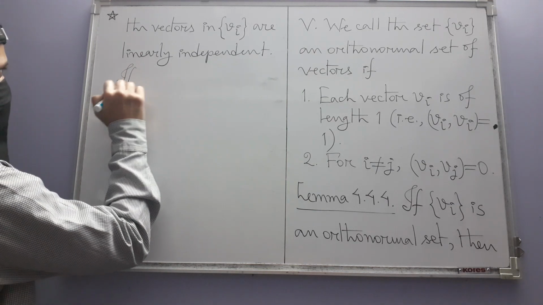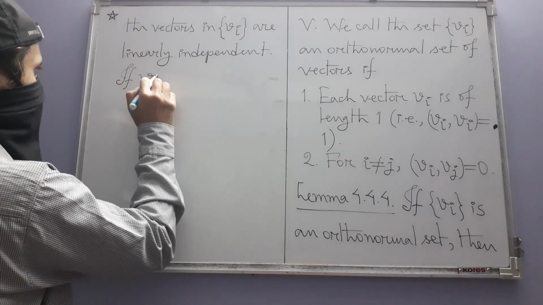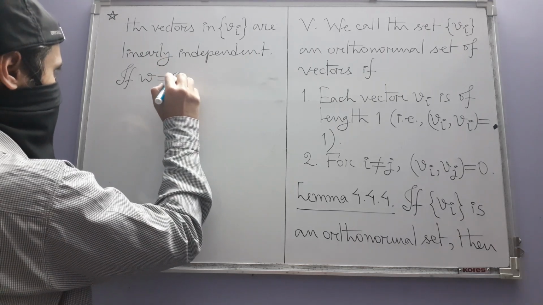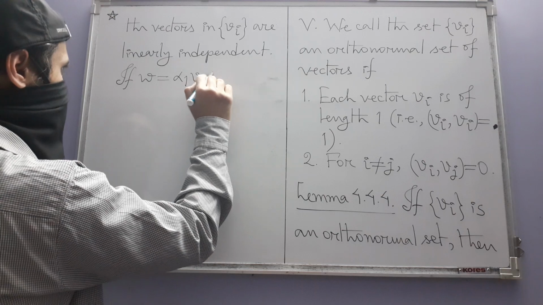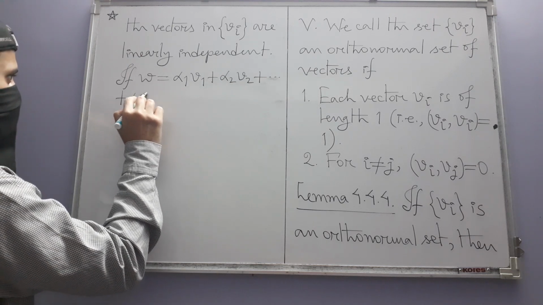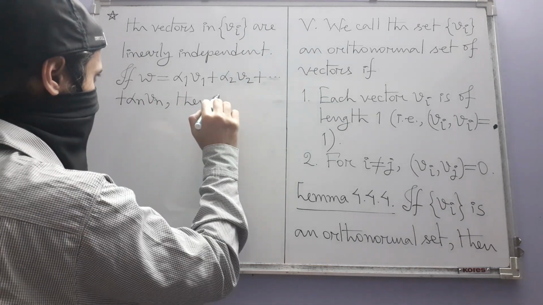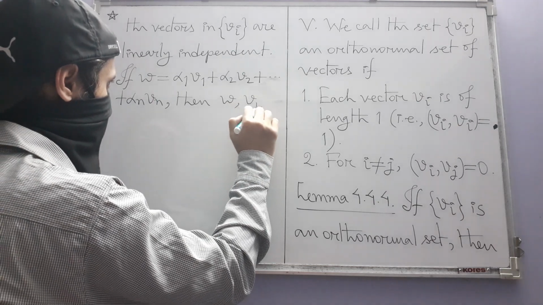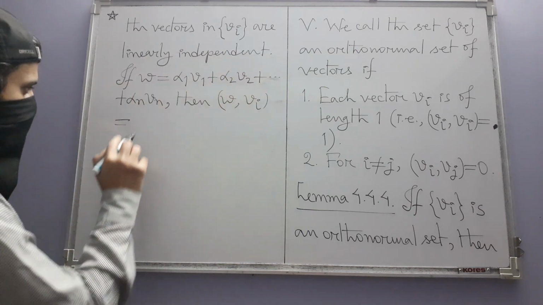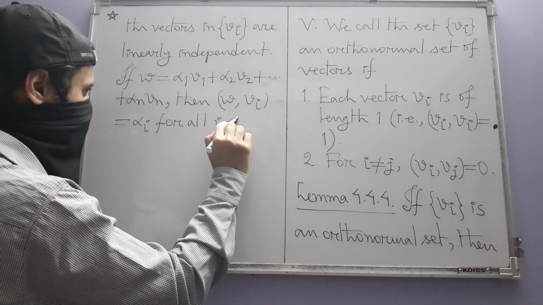Also, if you consider a vector like this, say W, which is a linear combination of some of these Vi's, say alpha 1 V1 plus alpha 2 V2 and so on, plus alpha n Vn, where n is some positive integer, then the inner product of W with Vi is equal to the ith coefficient in this linear combination, that is alpha i, for all the i values.